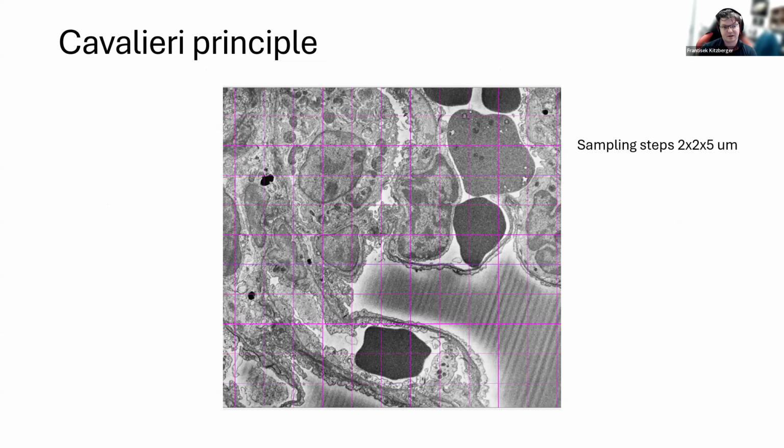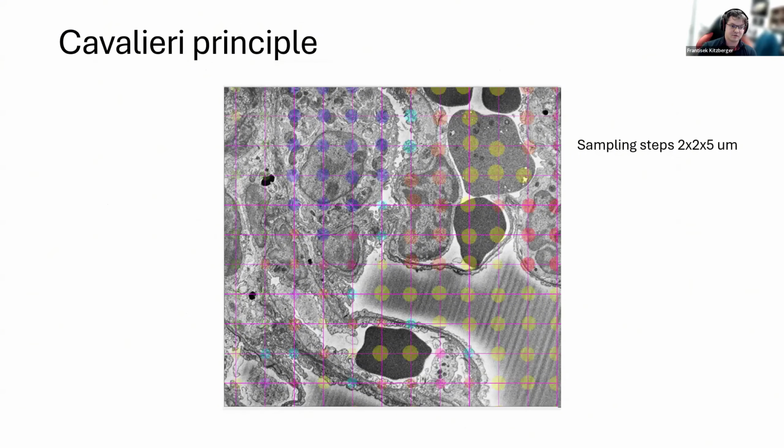In this case, it was like 2 by 2 by 5 microns in the voxel. And then on each cross of this grid, you actually annotate, label, however you want to call it, what structure is actually underneath. In this case, you can see, for example, the yellow one here.